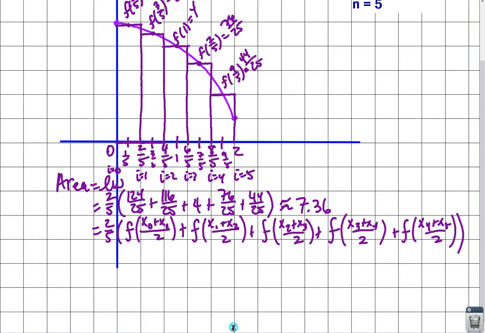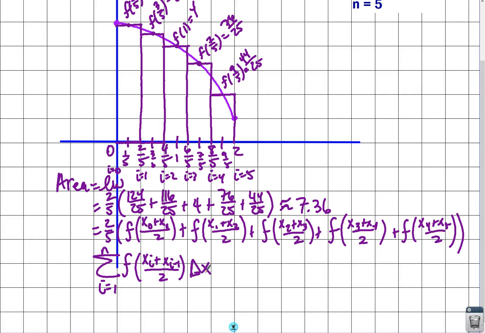Because what we're going to do to generalize this whole thing is, I'm going to give you the general formula this time, and then I'll come back to the specific one. So in general, we're going to have I equals 1 to n, the number of boxes. It's the midpoint approximation. So f of, let me make that f a little bit bigger, x of I plus x of I minus 1, the two previous terms together, all over 2, times delta x.